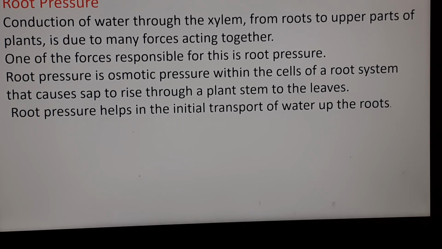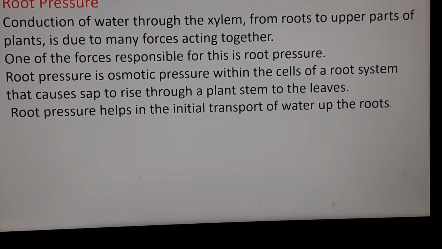So from higher concentration to lower concentration, it passes through the membrane. That means osmosis takes place. So between the root and the soil there is osmotic pressure involved, and because of that the water comes into the root.